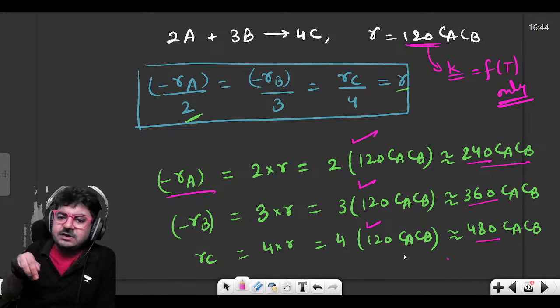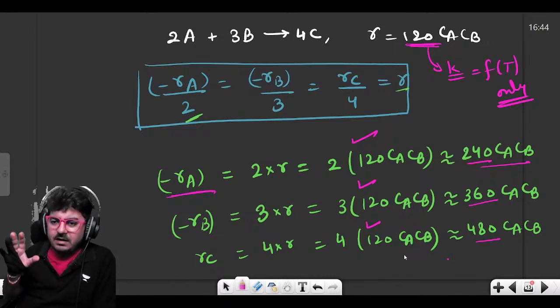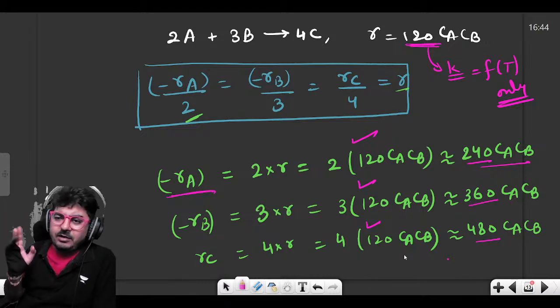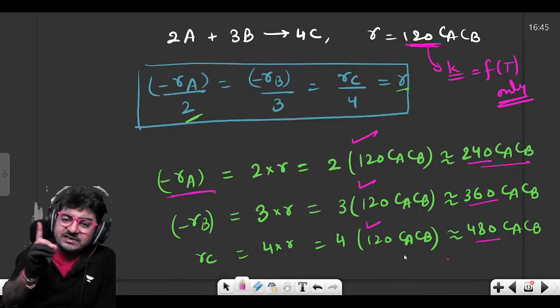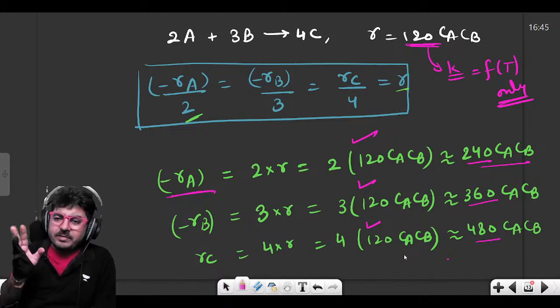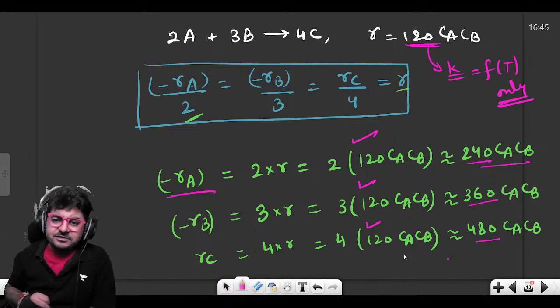In the same reaction, how we can have 3 different values of K? Are you understanding my point? So K is always 120 because it is a function of temperature. If you are changing temperature, only then K will change. K will not depend on stoichiometry or anything. In fact, anything cannot depend on stoichiometric coefficient.